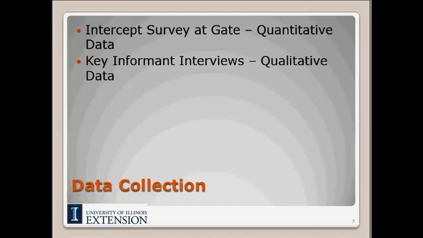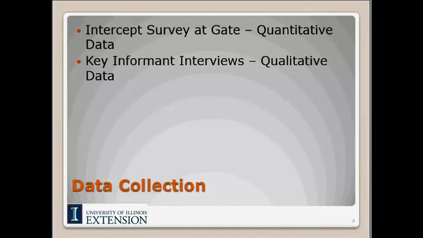There are 2 different sections of data that we're going to ask for your assistance in helping to collect. The first is the intercept survey at the gate, and that's going to be the quantitative data, the hard numbers that are going to be used to determine the economic impact of the fair.